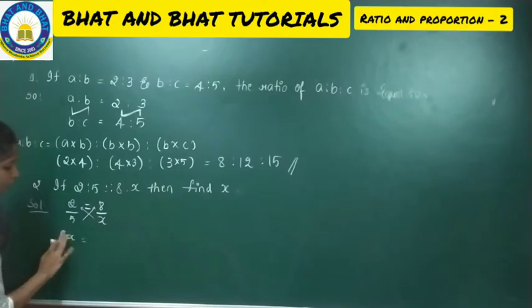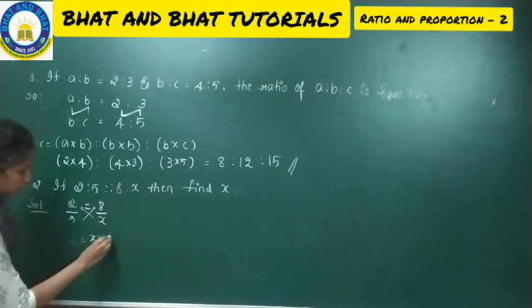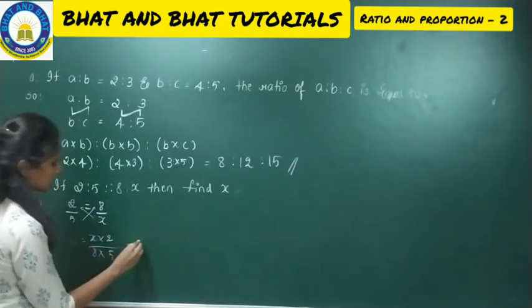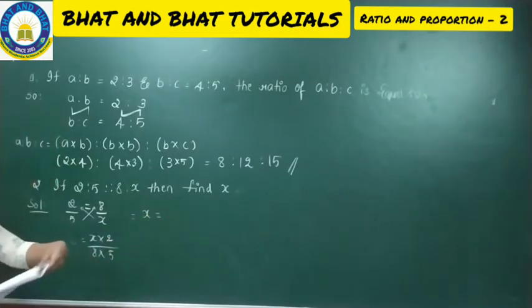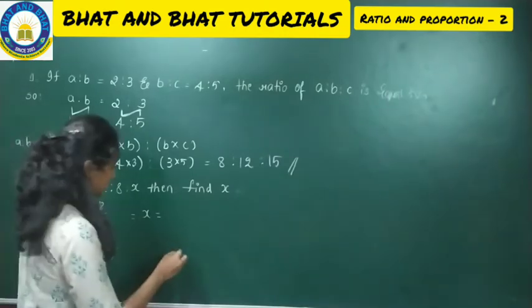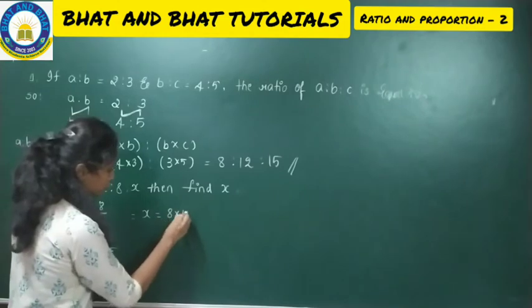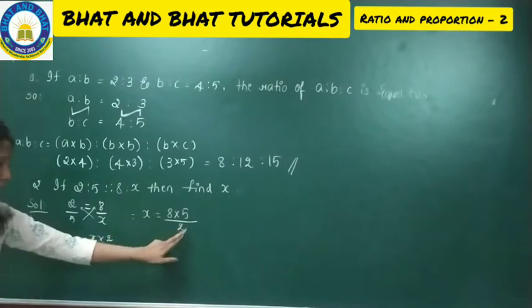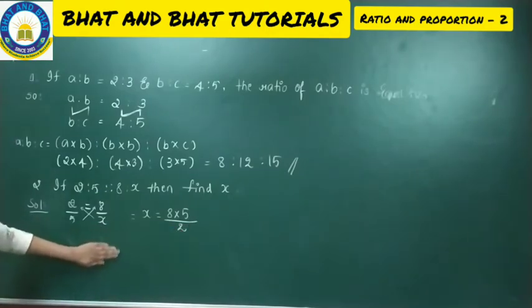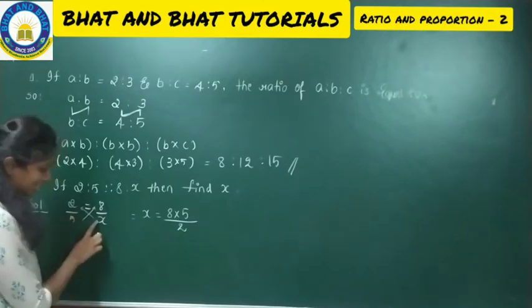So x into 2 is equal to 8 into 5, that is x is equal to 8 into 5 divided by 2. Directly I can write like this, or you can go with this also. Since you have to find the x value, directly you can write like that itself.